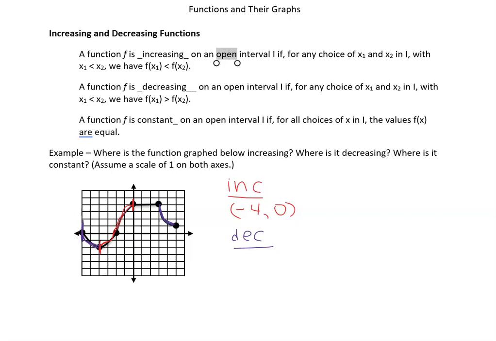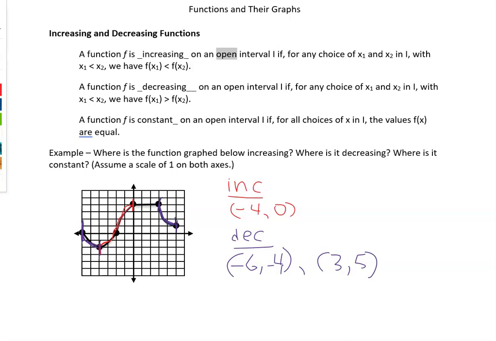So we have from -6 to -4, and we use parentheses. And then we have from 3 until 5. So now we have identified both intervals where the function is decreasing.